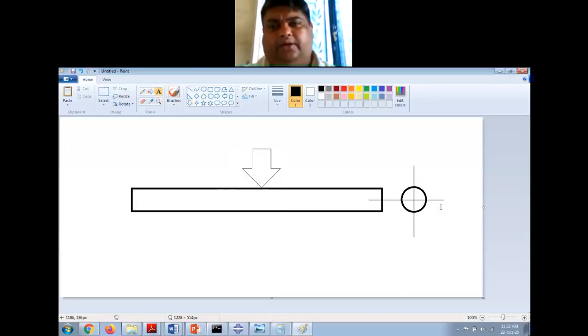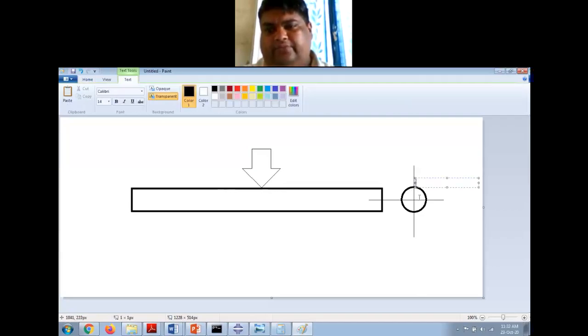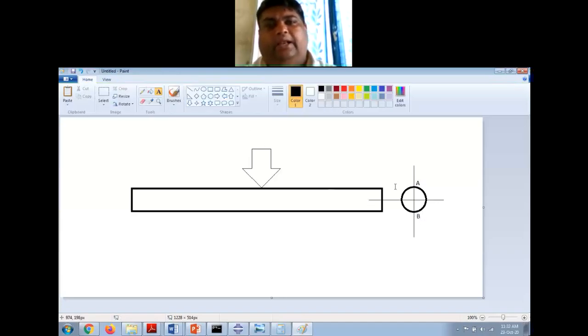Now I'm taking 2 points on this shaft. This is A and this is B. Let us say the shaft is rotating in clockwise direction. Now after the beam or the shaft bends in this way, correct?